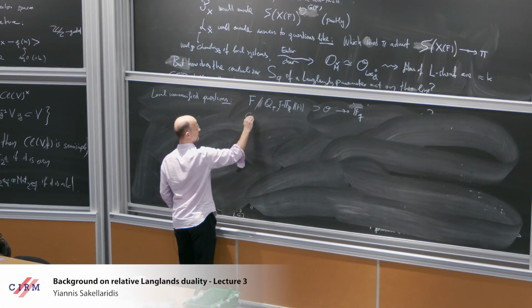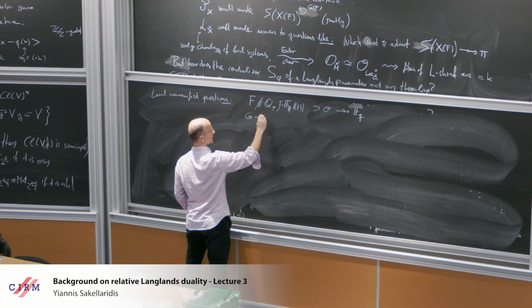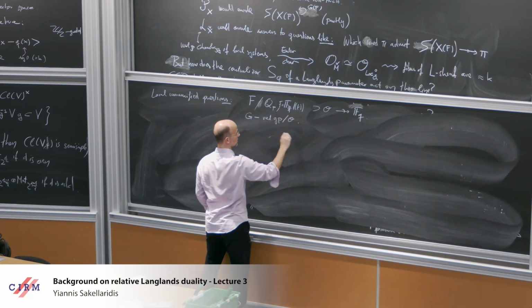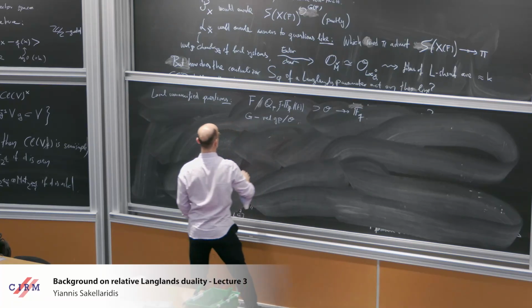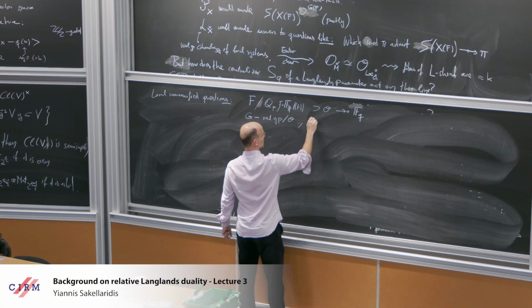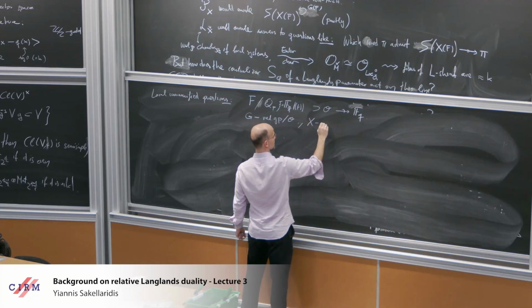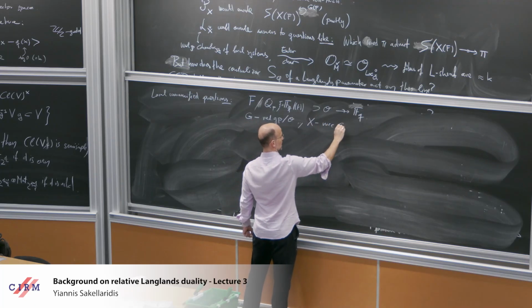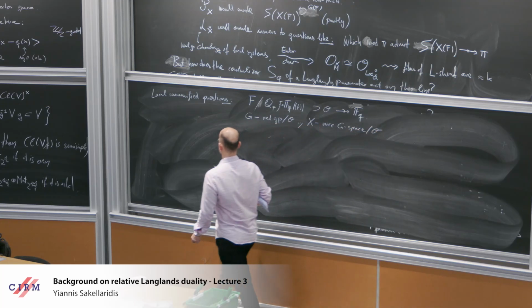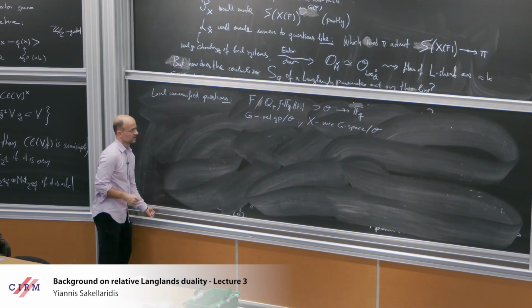I'm going to give myself G some reductive group over O, and X some nice G-space over O. Nice in particular might mean spherical.